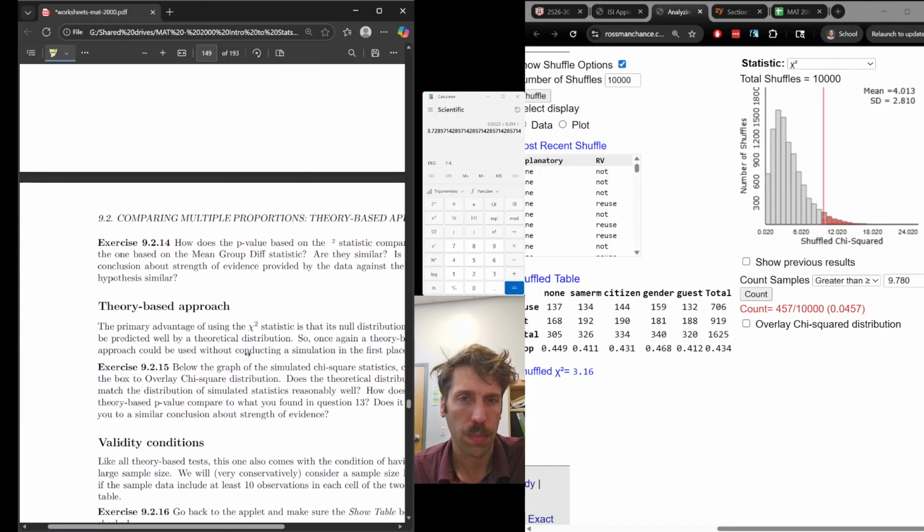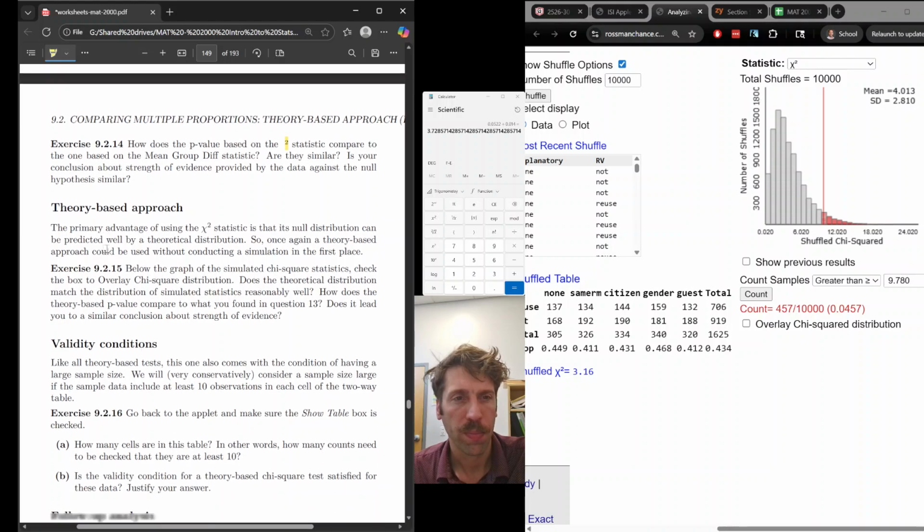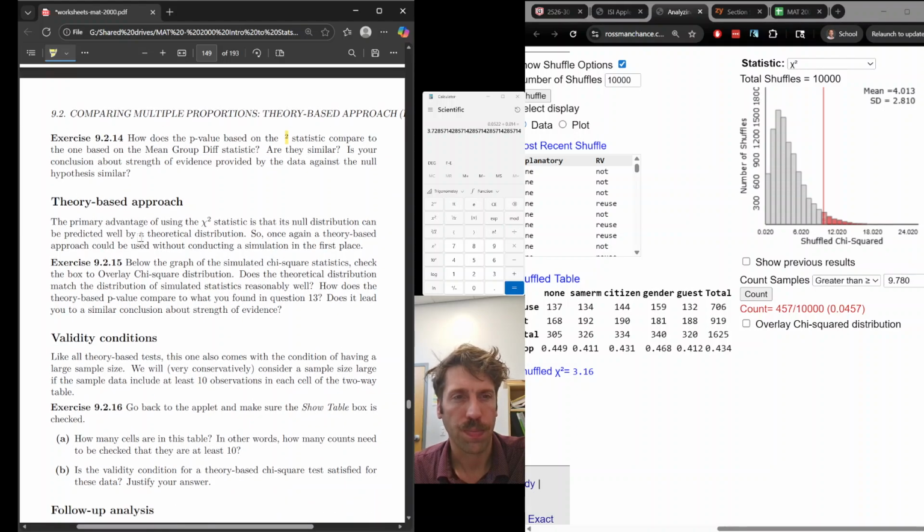Okay. How does the p-value based on the chi-squared compare to the one based on the mean group diff statistic? Are they similar? Is your conclusion about strength of evidence provided by the data against the null hypothesis similar? So it is pretty close, but it's also a lot less.